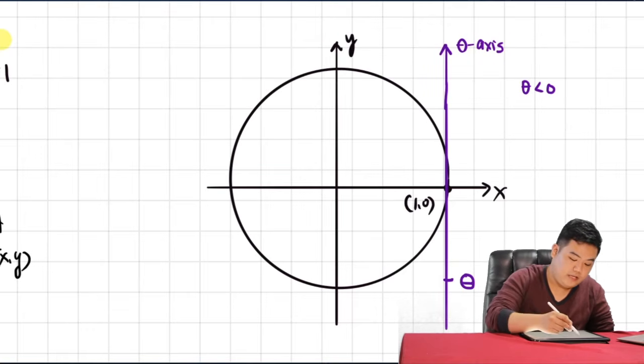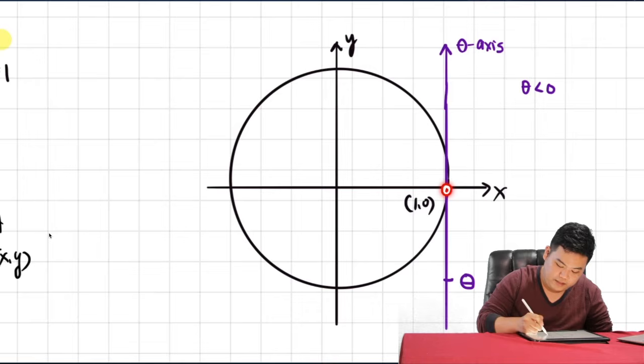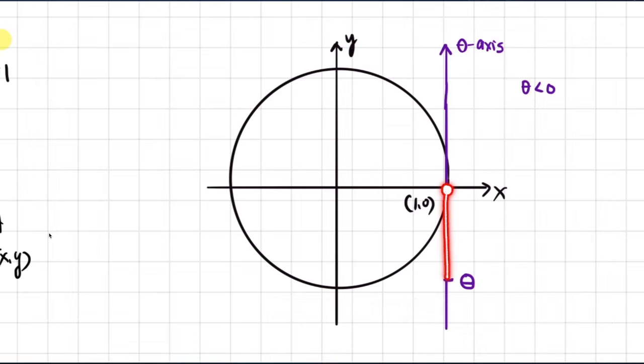So, ganun lang ulit yung gagawin niya. So, from here, from 1, 0 to here, ibabalot niya lang sa unit circle to get this portion of the unit circle. At kung ano man yung endpoint niya, yan na yung tinatawag nating P of theta. Take note, P of theta is a point.